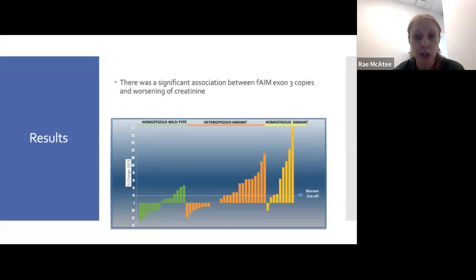A large proportion of the homozygous variant were progressive, and then about 50% of the heterozygous had progression. And so it appears that just comparing the homozygous variant to the homozygous wild type, there is an association with worsening creatinine with the homozygous variant.